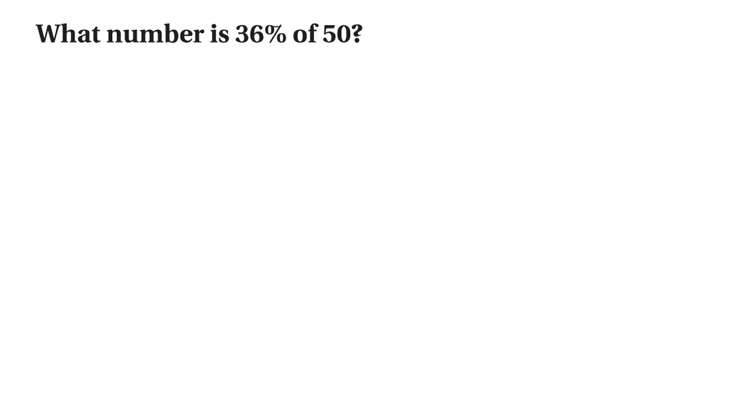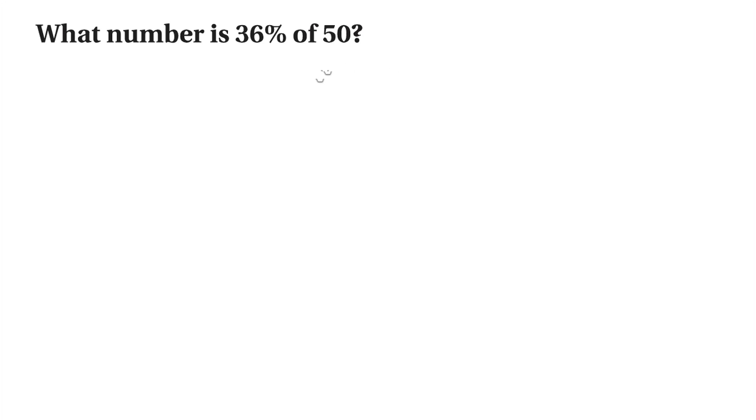So what you're going to be asked to do today is calculate percentages given the whole. In this case, the whole is 50, and they're asking you what is 36% of 50, basically. What number is 36% of 50?